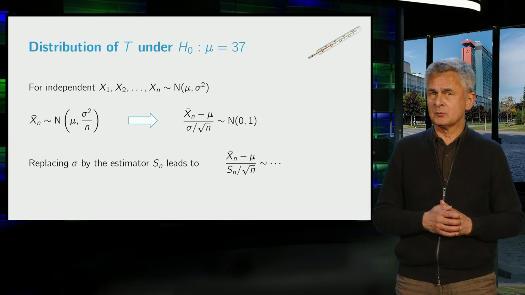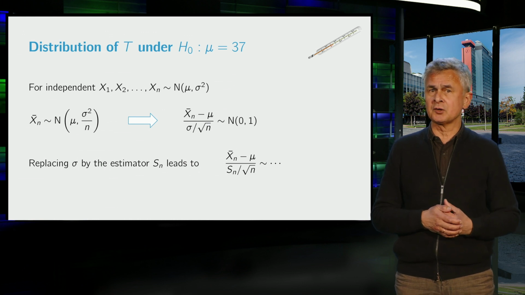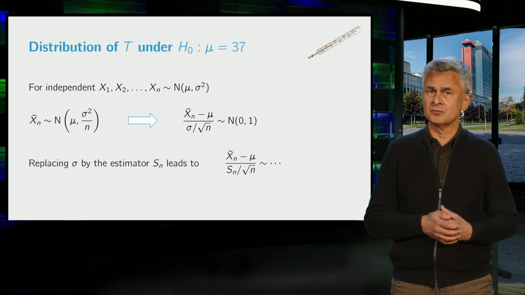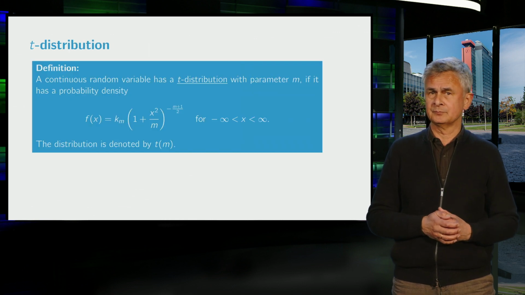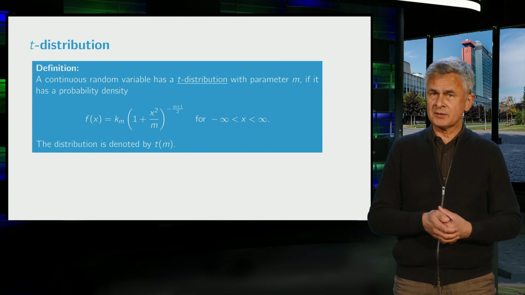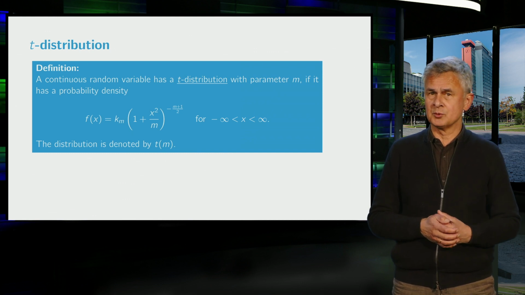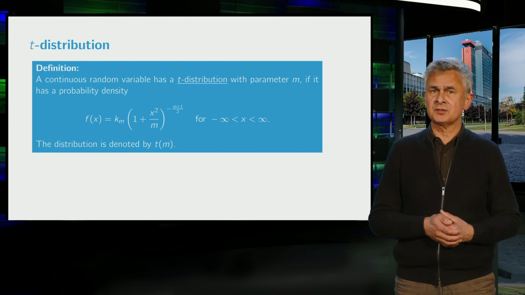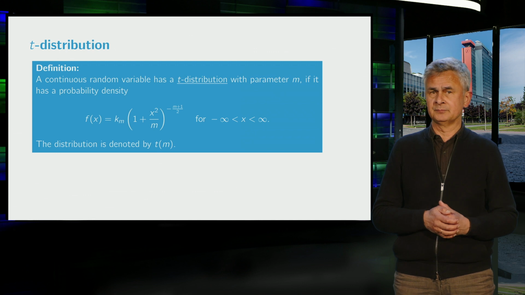Now, to formulate what this distribution is going to be, we first need to introduce the following continuous distribution. A continuous random variable has a t distribution with parameter m if it has a probability density on the whole real line given by this expression for f.